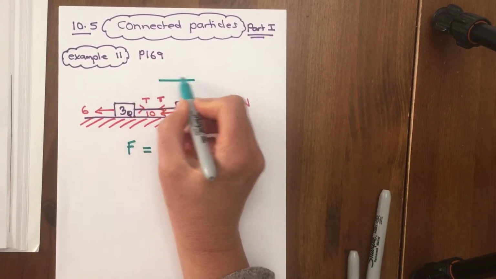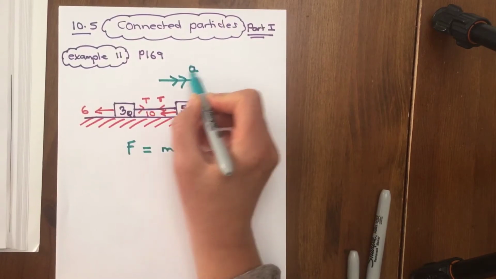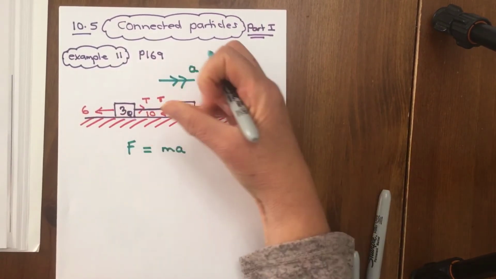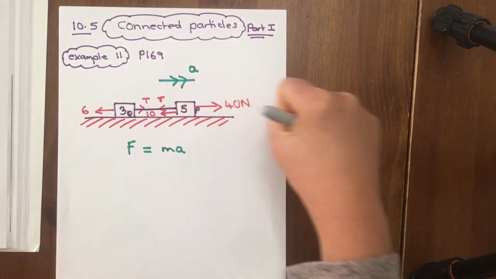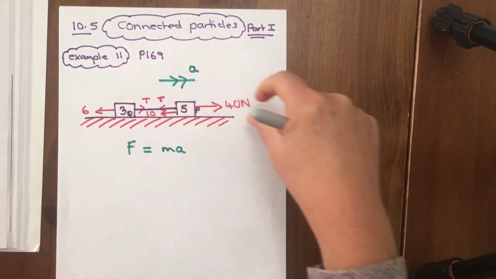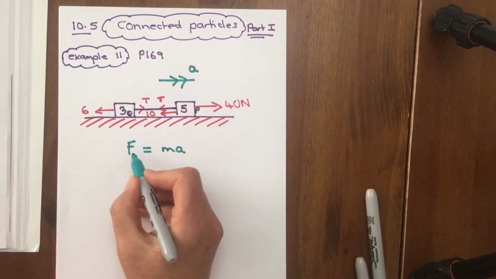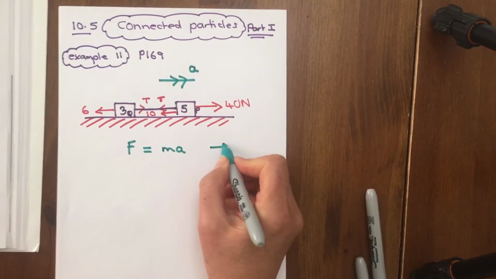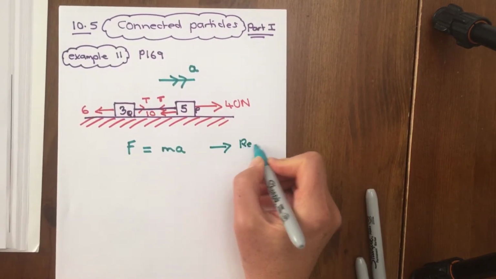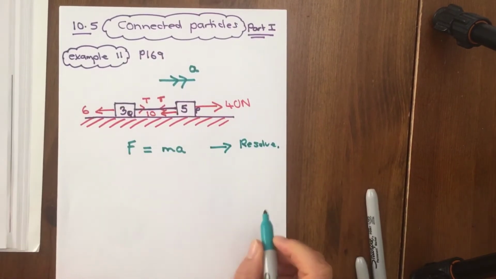The whole system will move at a constant acceleration towards the right because it's been pulled by this force of 40 newtons, and the acceleration will be this constant throughout.